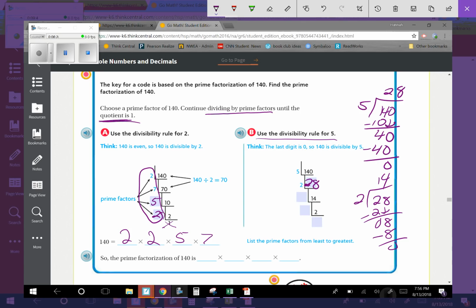Well, over here, I already remembered that 7 was prime, so I'm going to do 7 because I know that will equal 2. 14 divided by 7 equals 2. Again, I'm not done until I get 1 down here. So 2 divided by 2 equals 1. When I'm writing those prime factorizations, I don't include the 1, even though it's there. And I'm going to write these in order. 2 times 2 times 5 times 7.